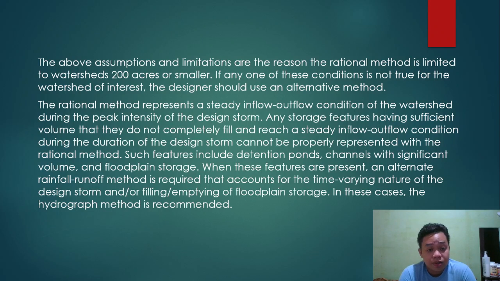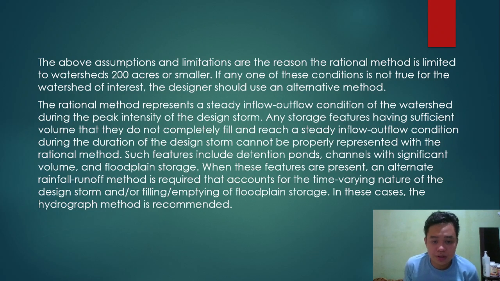The rational method represents a steady inflow-outflow condition of the watershed during the peak intensity of the design storm. Any storage features having sufficient volume that they do not completely fill and reach a steady inflow-outflow condition during the duration of the design storm cannot be properly represented with the rational method.